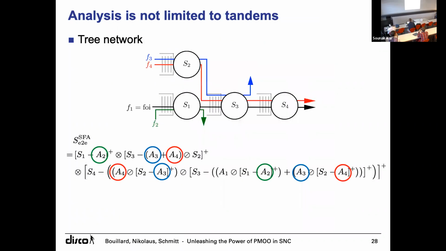Okay, so the theorem itself, as you saw, is already extended to 3 networks. Actually, it is not limited to that topology. We provide an approach that can be extended to so-called 3 reducible networks.